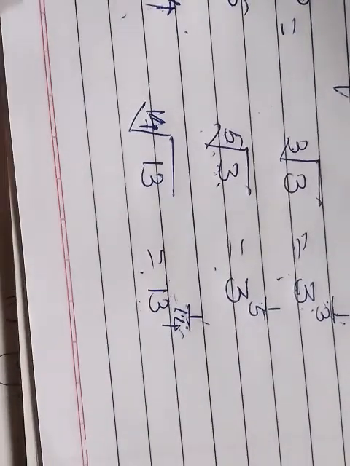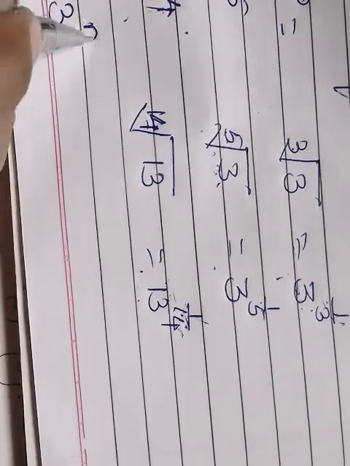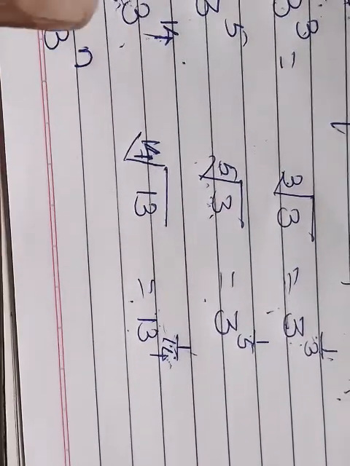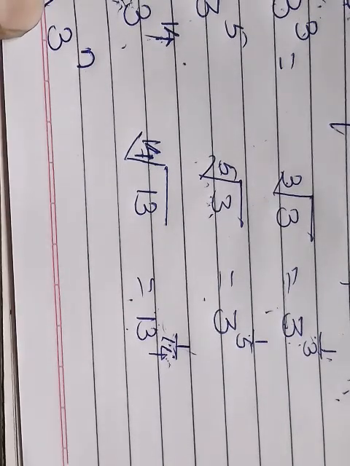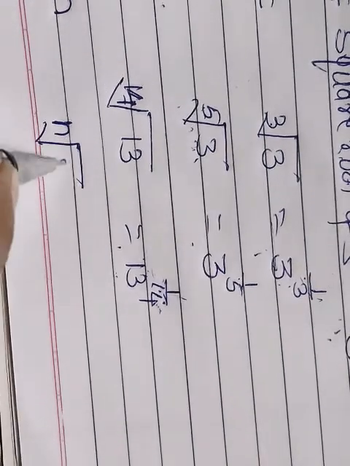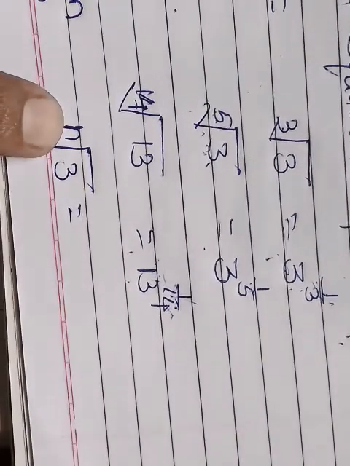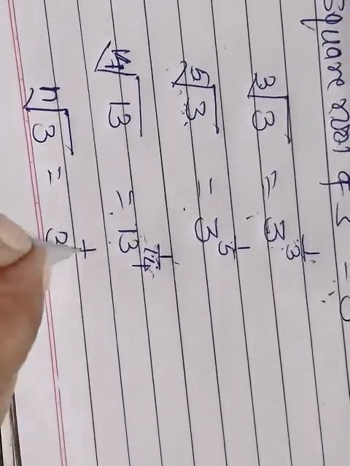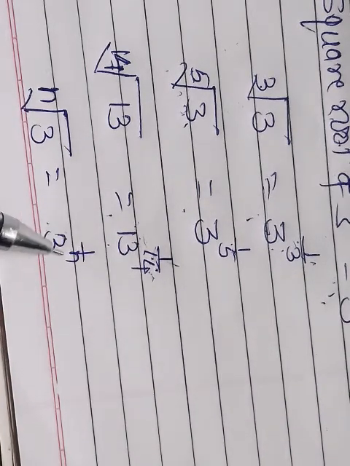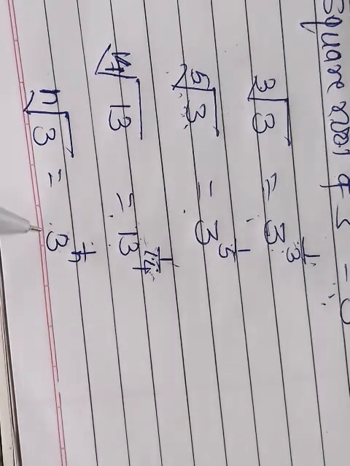Like that only, 3 raised to n, otherwise the nth power of 3. Then the nth root of 3, how can we write it? It is 3 raised to 1 upon n, meaning it is read as the nth root of 3.